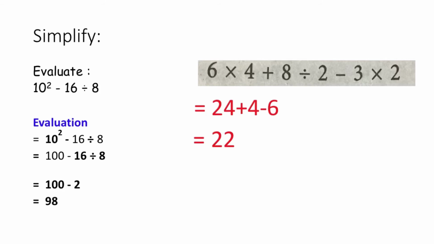Then, without going on to the next line, we will do 8 divided by 2, which is 4. So we will write 24 plus 4, and in the same line, minus 3 into 2. Then it will become 24 plus 4 minus 6. So what is 24 plus 4 minus 6? 24 plus 4 is 28, and 28 minus 6 is 22. So the answer to the next problem is 22.